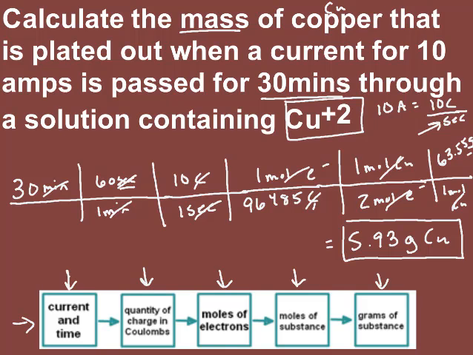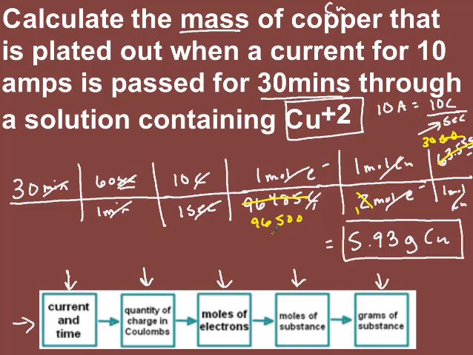Let's say we didn't have a calculator for this problem though. When you don't have a calculator, you want to make sure that you're setting it up using dimensional analysis. We can round things. We can say that this is basically 96,500. We can say this is basically 60. I've got a 2 on the bottom, so I can say that that's a 1, and maybe make this a 30.